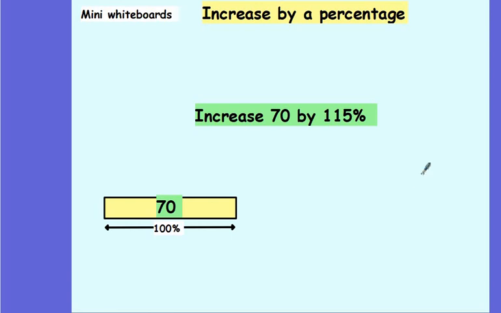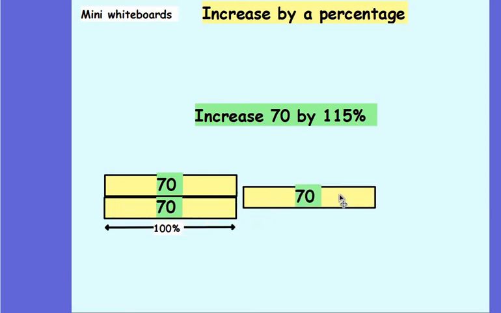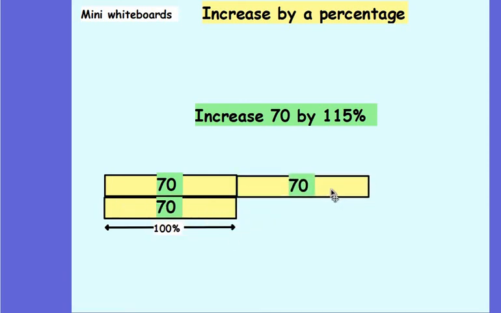Right, the method doesn't change just because we're increasing by 115%. We start with our 100%. This time we're increasing by 100%, and then on top of that, we're increasing by another 10% and another 5%. Our 10% was worth 7.